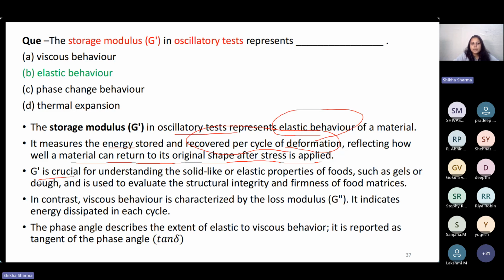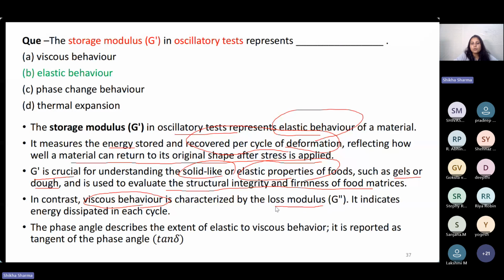So G prime is crucial for understanding the solid-like behavior or elastic properties of food materials, such as gels, dough, or polymers, and is used to evaluate the structural integrity and firmness of the food matrix, whereas G double prime tells the viscous behavior.